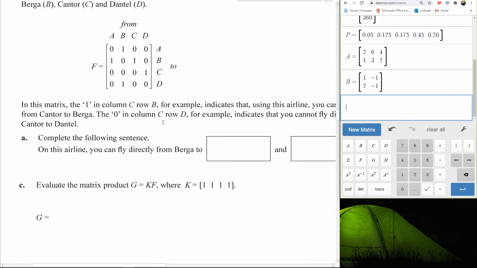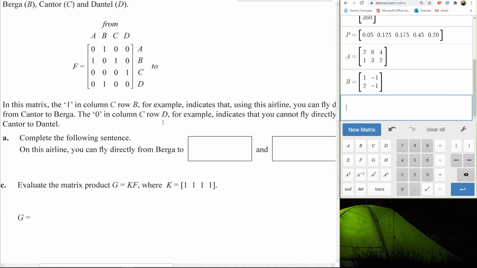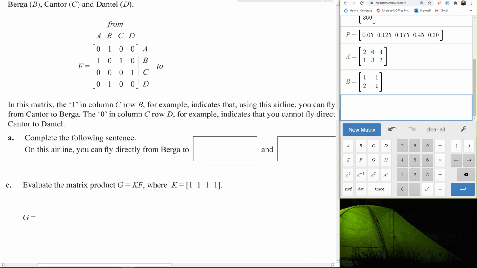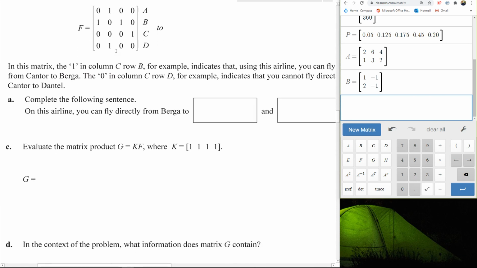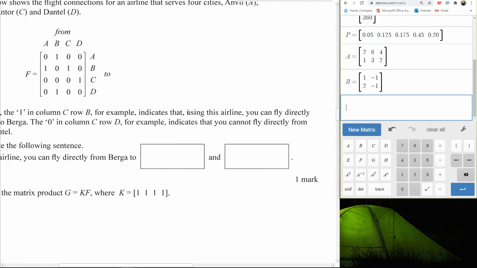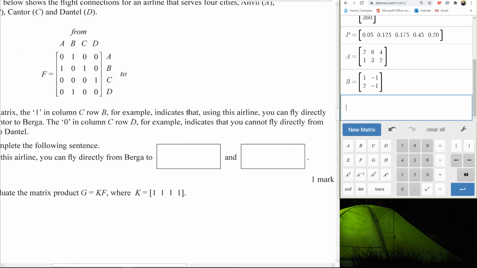The 0 in C to D indicates that you cannot fly directly. Remember that the 1 represents that they can communicate to one another directly. 0 means they cannot communicate to each other directly. Complete the following sentence. On this airline, you can fly directly from Berger to something and something.